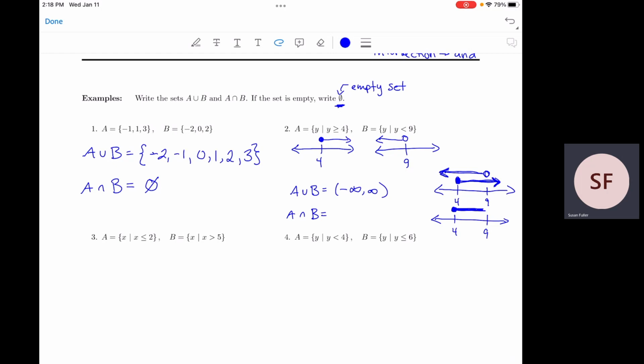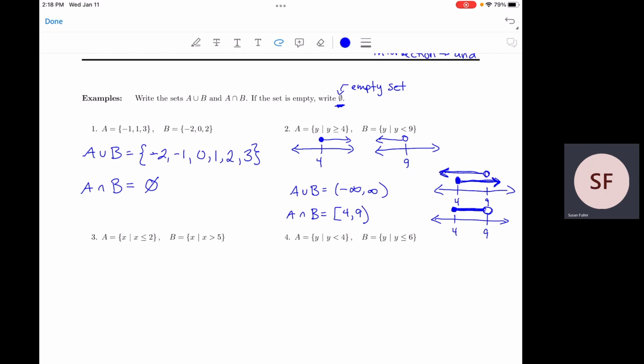And then at 9, 9 is only included in set A. It's not included in set B, so I'm going to leave that as an open circle because it's not covered by both. So this is our intersection. It includes 4 and all of the things between 4 and 9, but does not include 9. So that is our intersection, the things that are covered by both sets.